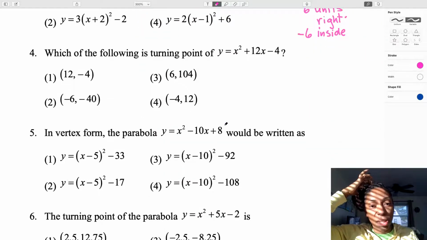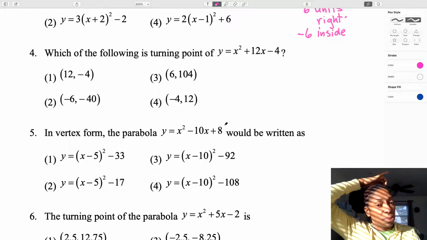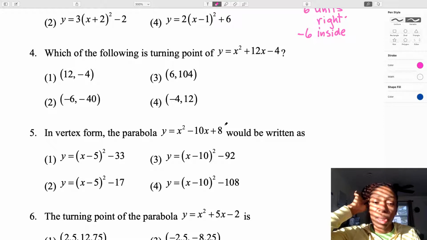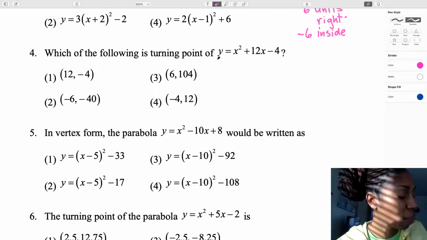Which of the following is the turning point of y equals x squared plus 12x minus 4? What we could do is use the turning point, the vertex formula. This is to find the turning point, -b over 2a.